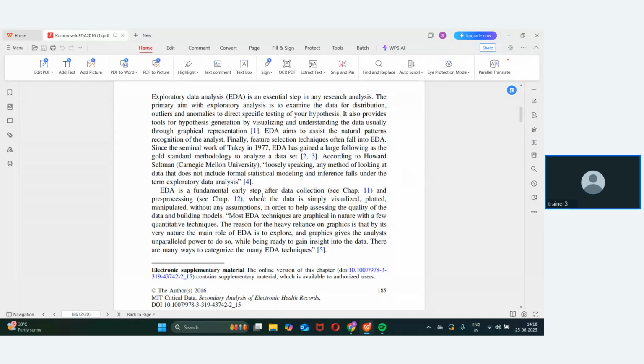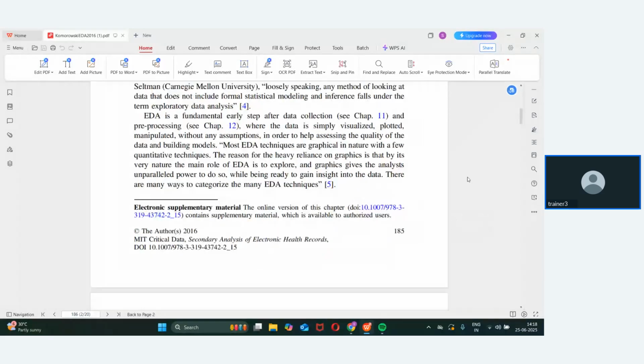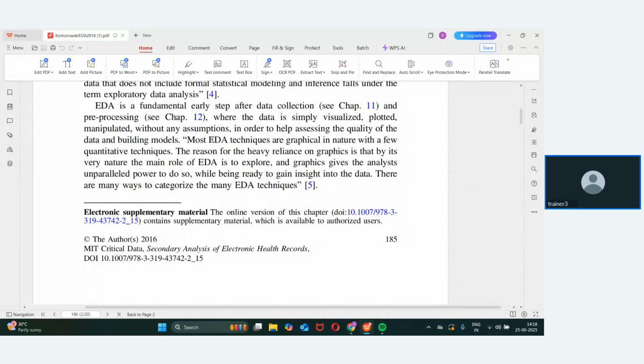So here it is an early step where data is simply visualized, plotted, and manipulated without any assumptions. So it helps us assure the quality of data. As you can see here, most EDA techniques are graphical in nature with a few quantitative analyses.